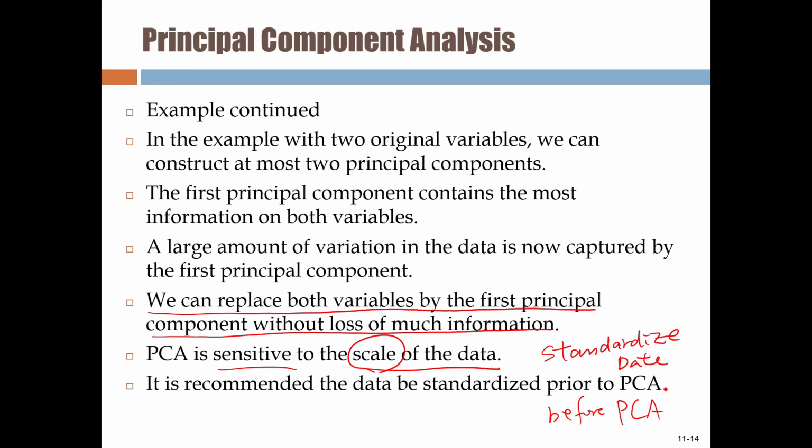Because we have many independent variables, x1, x2, x3, and one of them has a scale in the thousands, 1,000, 2,000, 3,000, and the other is just 0.1, 0.2, 0.3, the PCA calculation can be affected by that scale. That's why we better use standardized data, so that our PCA calculation will not be affected by the scale of the data.